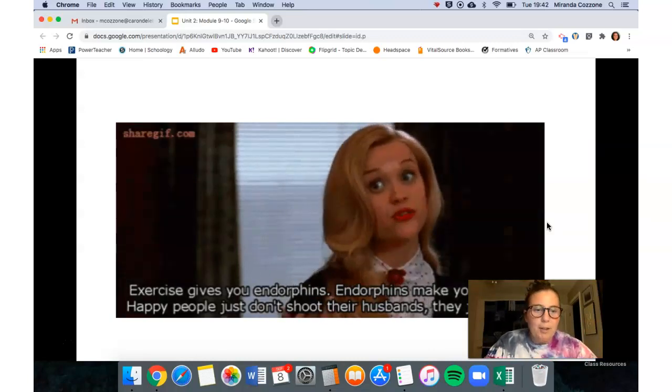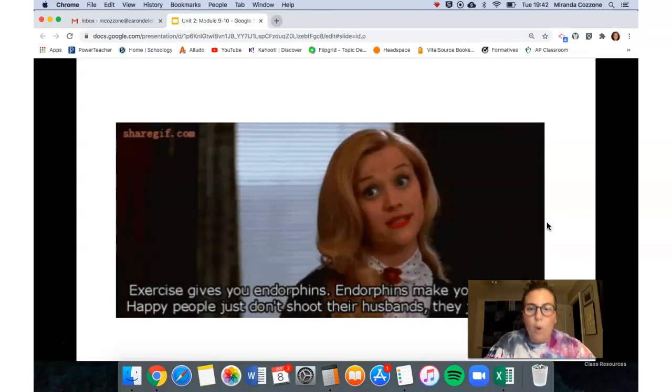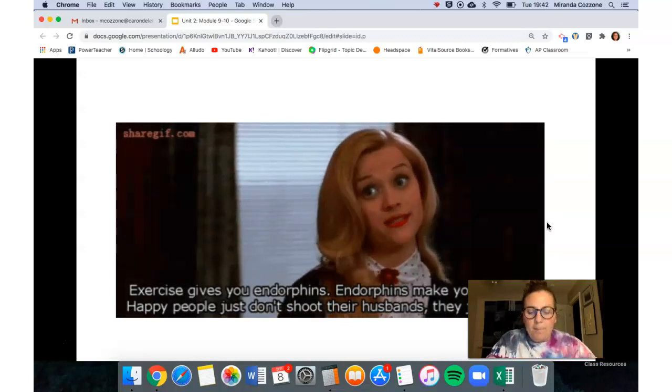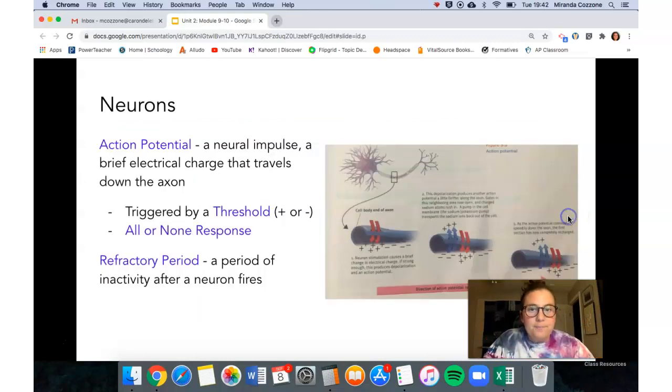So why am I talking about this? I'm talking about this because endorphins are neurotransmitters, and we're going to talk about how neurotransmitters start an action potential in a neuron. Okay, so action potential is a neural impulse, a brief electrical charge that travels down the axon, okay? And so for somebody, it might be after a fantastic run.